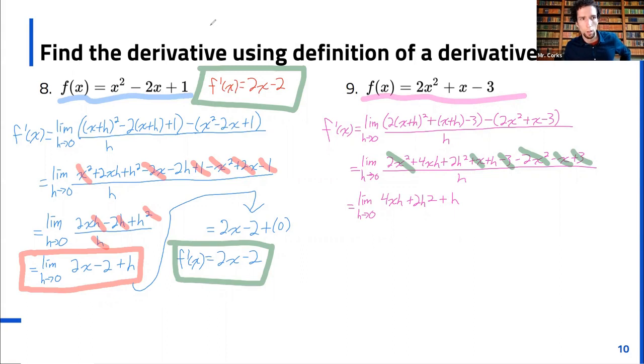Sorry, we have it here, this little plus h right here. Okay, so like with the previous examples, common factor of h on the top and the bottom. At this stage, it's all just the exact same thing. So take out the common factor of h and we will be left with 4x plus 2h.